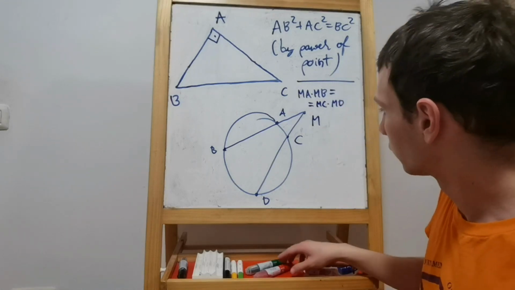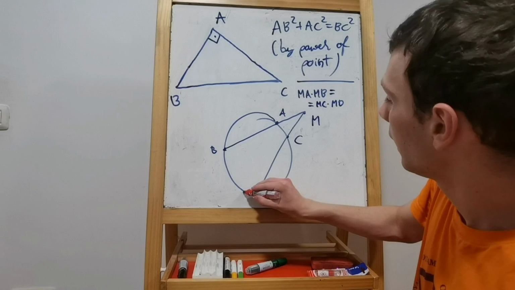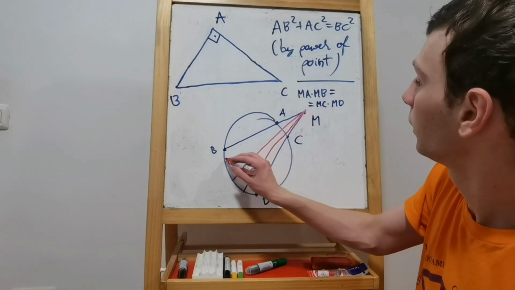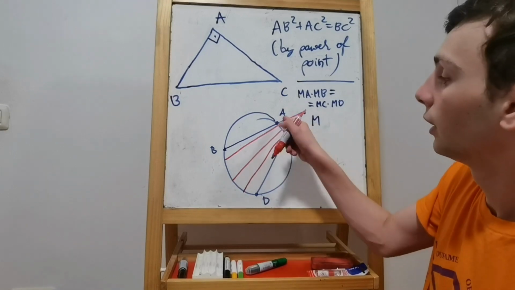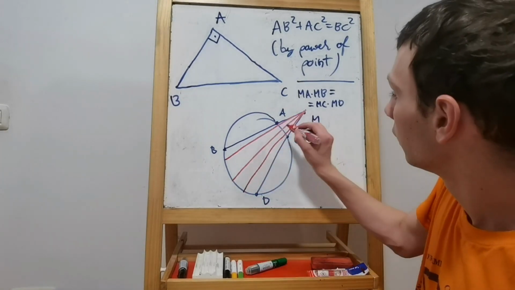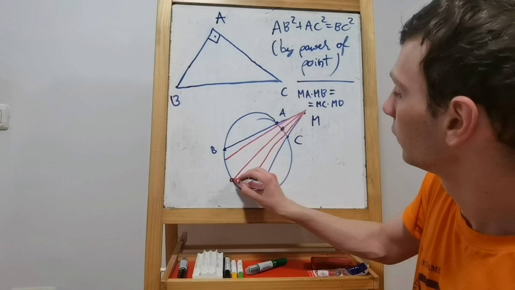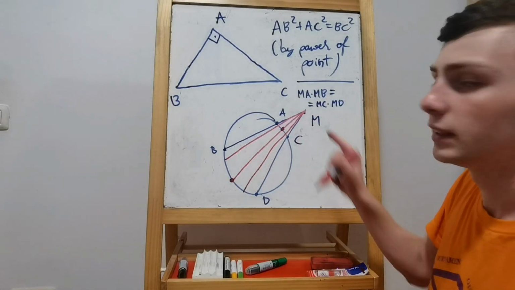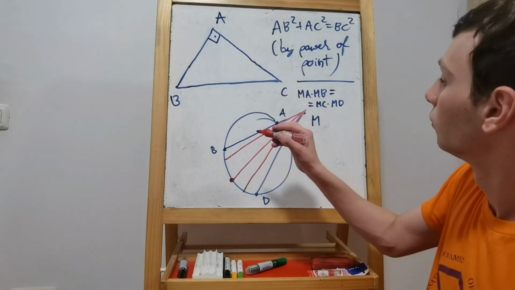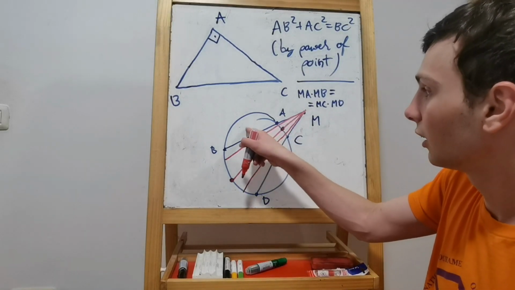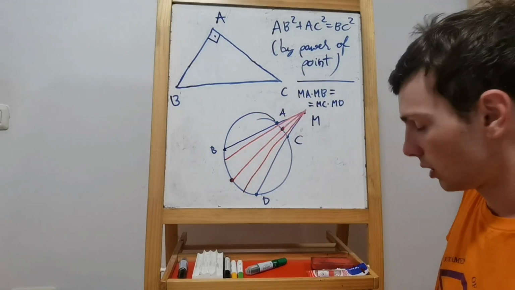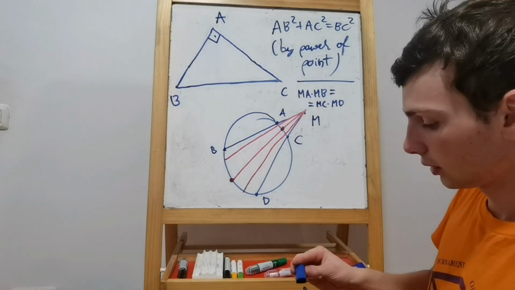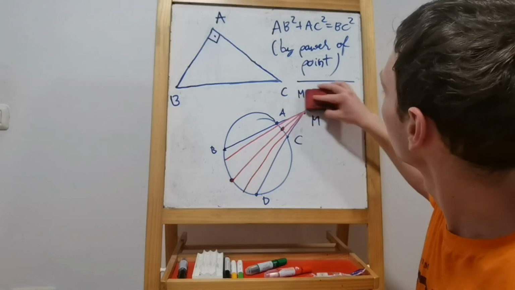And this occurs for any pair of lines that passes through point M and intersects the circle at two distinct points I've marked here. This is the power of a point, and yes, it does work for points inside the circle as well as on the circle. Alright, now that we have this fact in mind, we can move on.